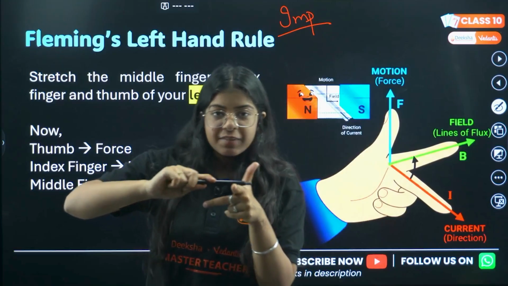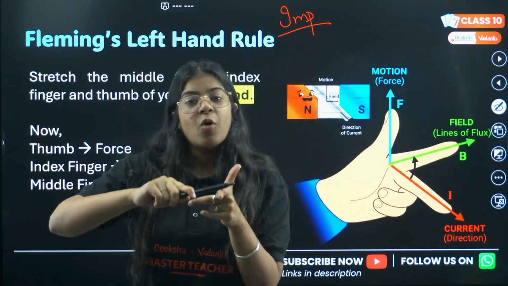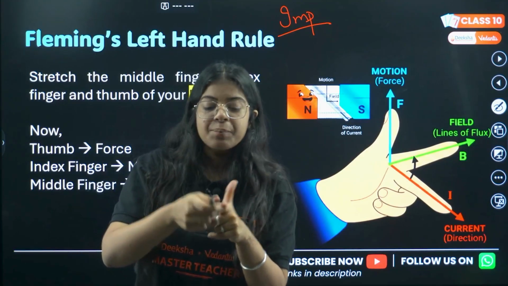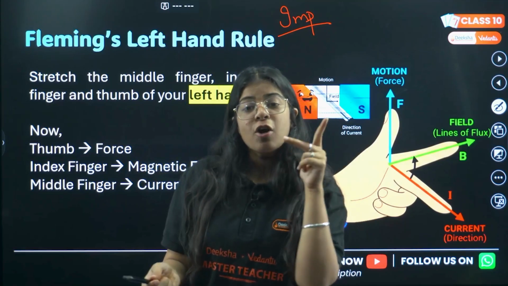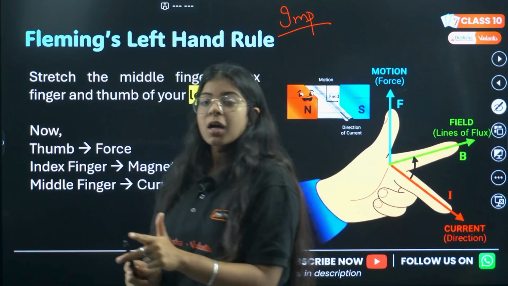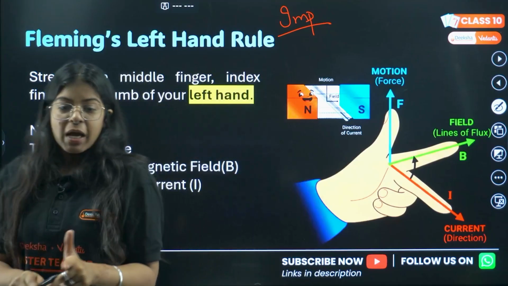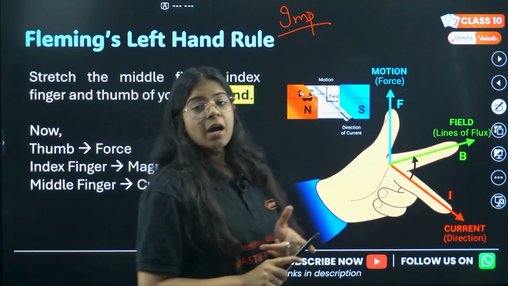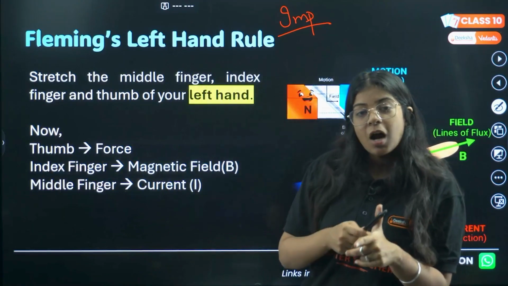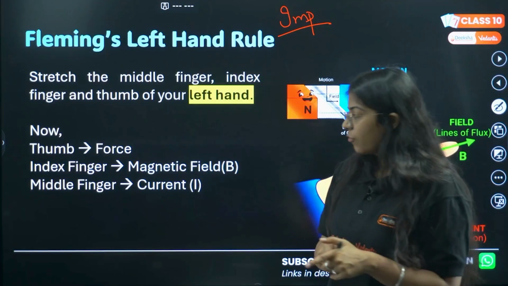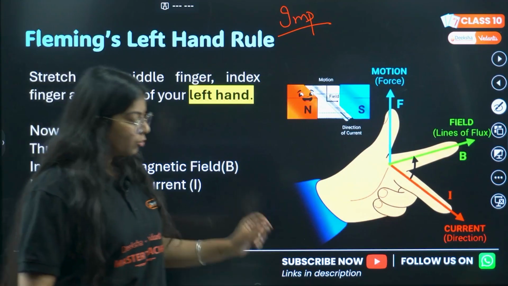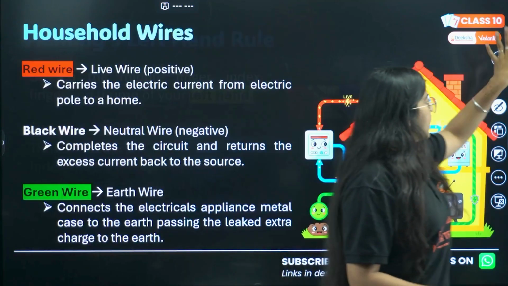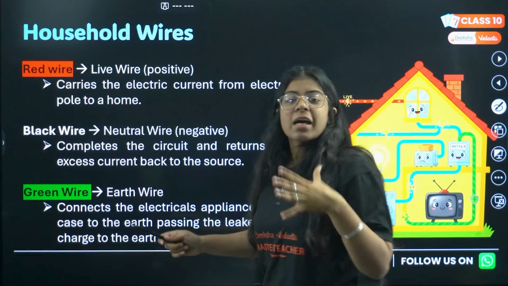Your index finger points towards the magnetic field and your middle finger points towards the direction of current, and your thumb will hence give us the force. This is called Fleming's left hand rule. Correct? We'll see a question on that later.